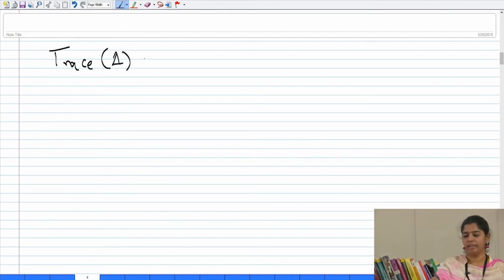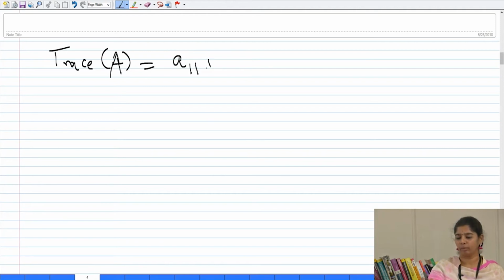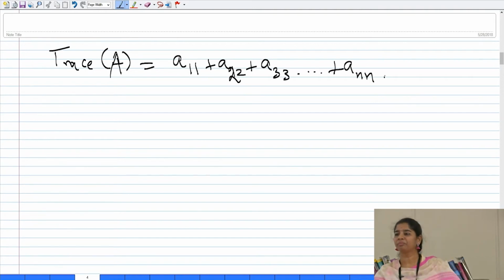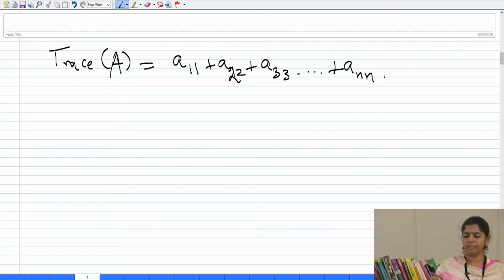The trace of a matrix A is nothing but the sum of all the diagonal elements, right. So A11 plus A22 plus A33 and so on plus Ann. And in some books you can see they follow this notation, Tr of A.